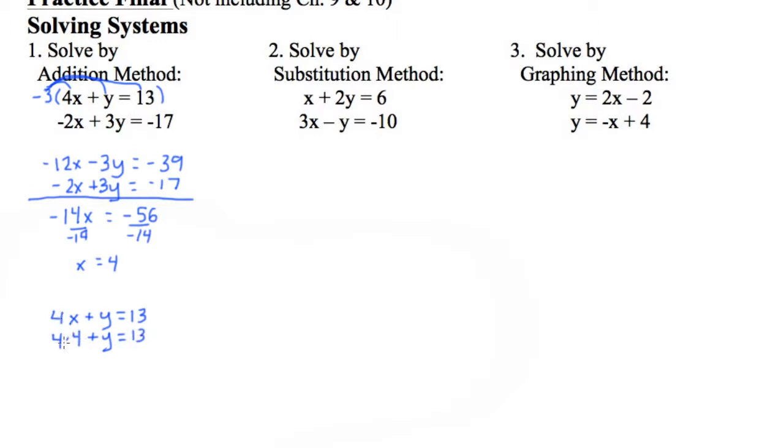So this term becomes 16 plus y equals 13, and then you can solve for y. So -16 from both sides. Y equals -3.